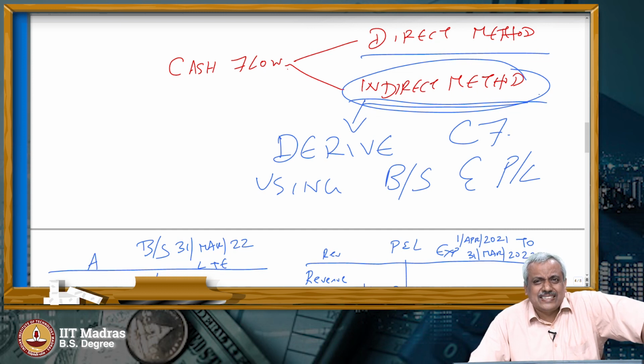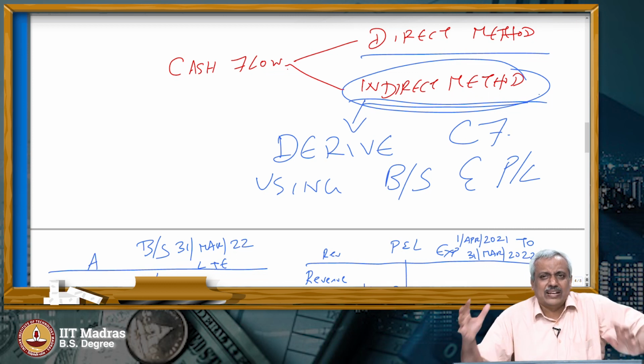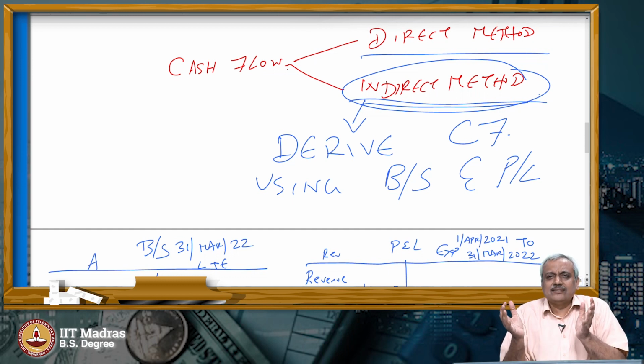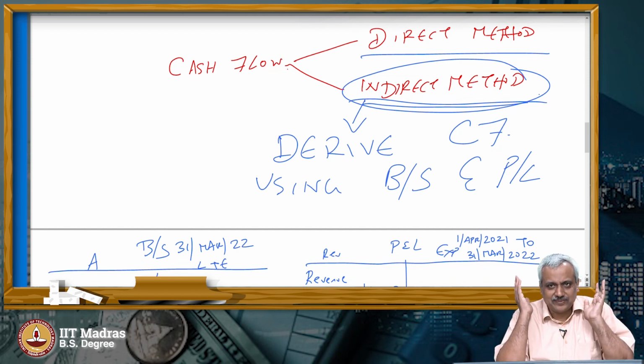Now, all these three statements are related. From these two statements, I can derive the cash flow statement, and all will have to match, all will have to be in sync. If it is not in sync, then what happens? Your job starts as a financial forensic expert.